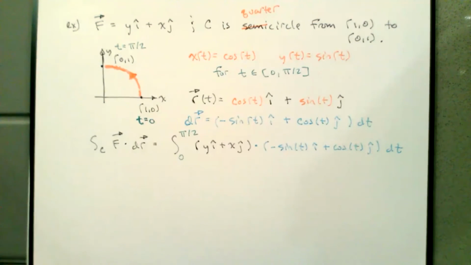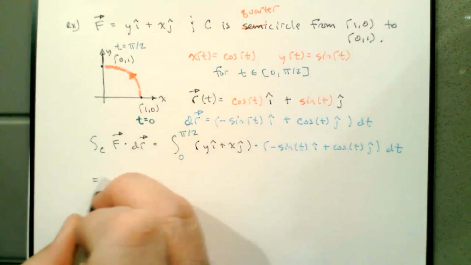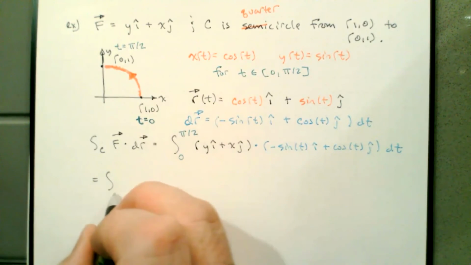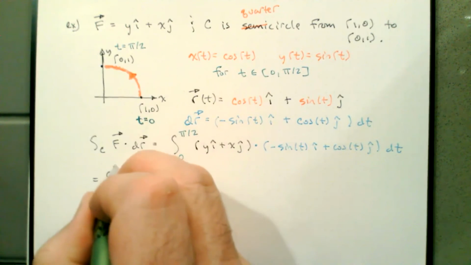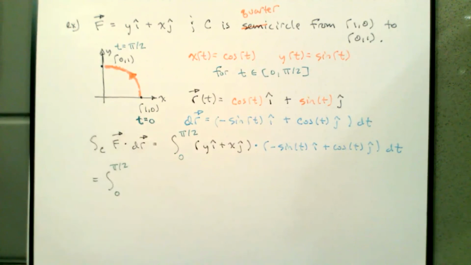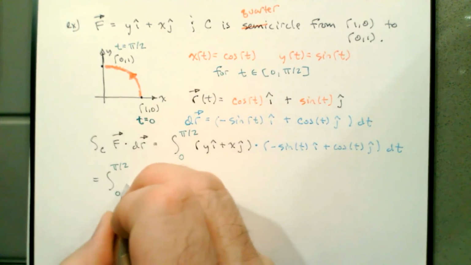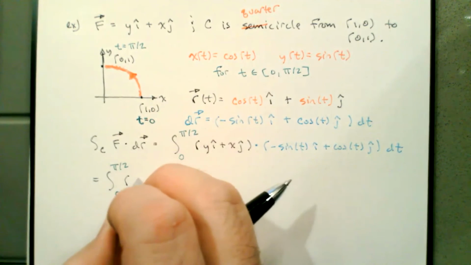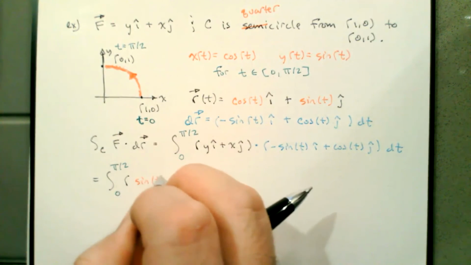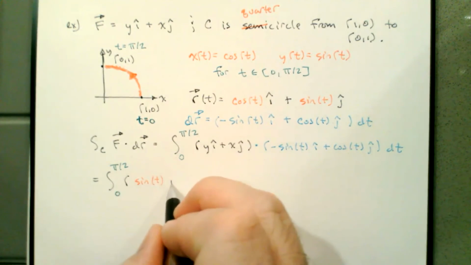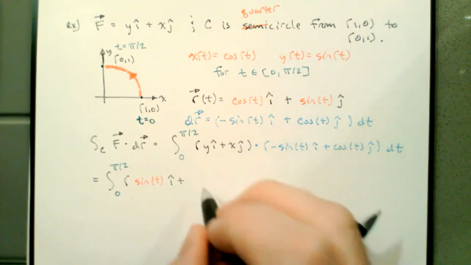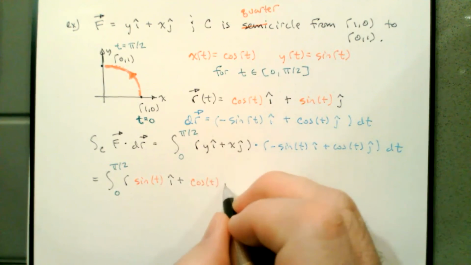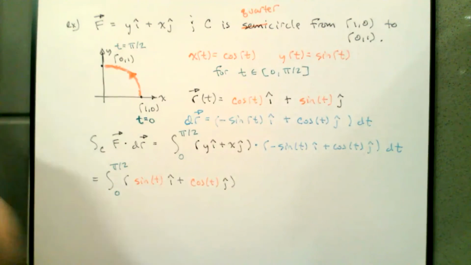So our integral is going to be the integral from 0 to pi over 2 of y i, so sine of t times i, plus x, which is cosine of t, times j, dot dr.